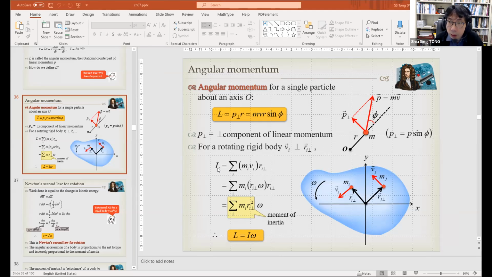So the angular momentum can be written as I omega, where I is the moment of inertia and omega is the angular speed. So it's just like linear momentum. For linear momentum, you have p given by the mass multiplied by the velocity. But for angular momentum, you have the moment of inertia multiplied by the angular velocity. So the quantity just translates to its angular counterpart.